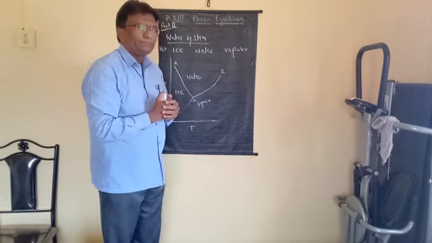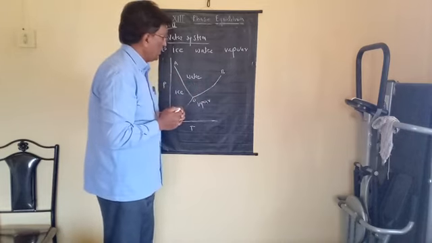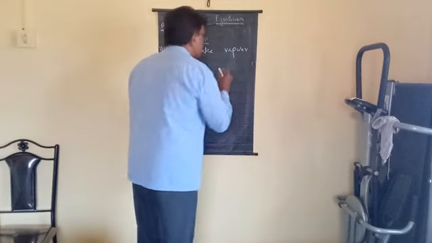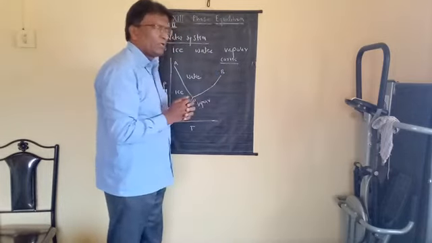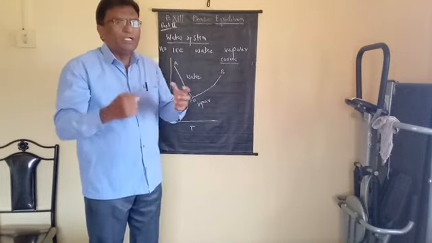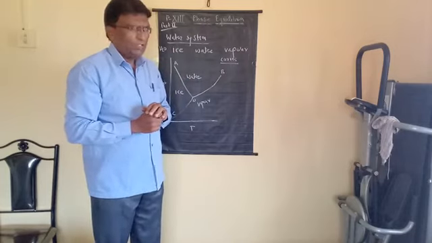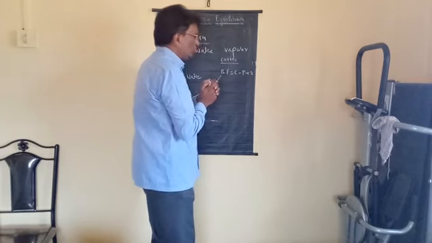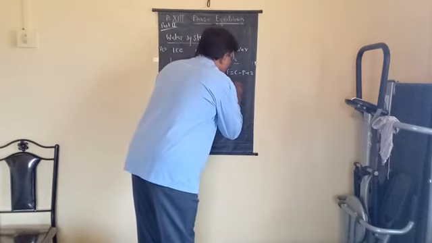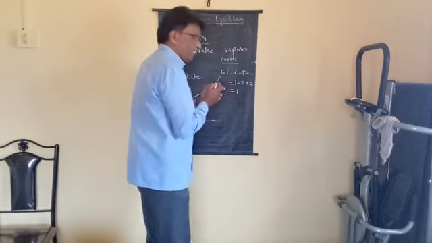Now let us see the general explanation of curves. Along any curve, two phases are in equilibrium, and therefore, according to the phase rule, F = C minus P plus 2, we have 1 minus 2 plus 2, that is equal to 1.